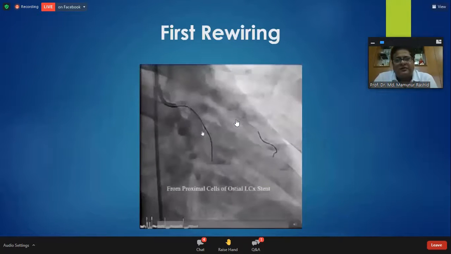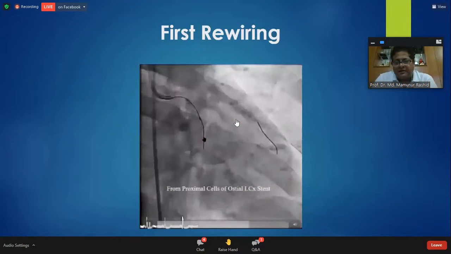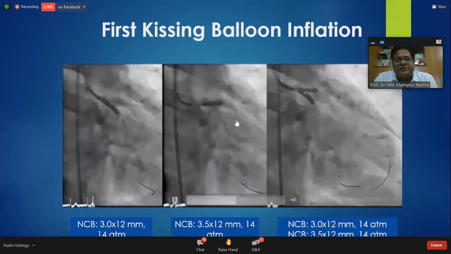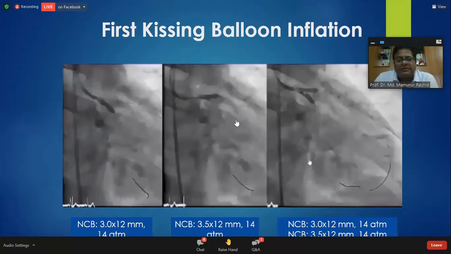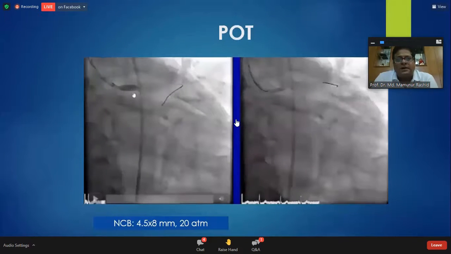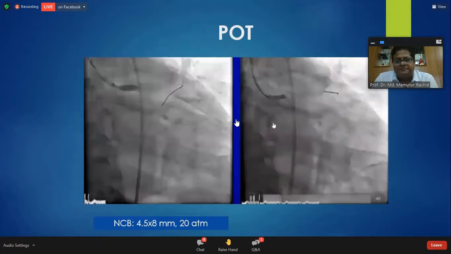Then first rewiring is done through the crushed stent. Then first kissing balloon inflation was done to the main branch vessel and side branch vessel. Then stenting from the left main to LAD was done. Then first POT is done.